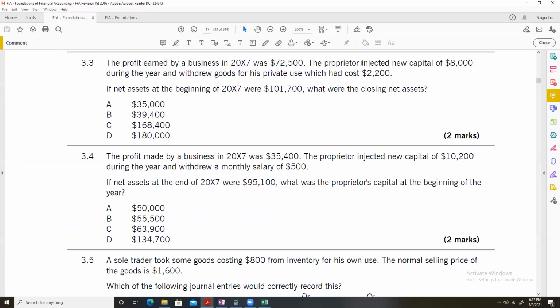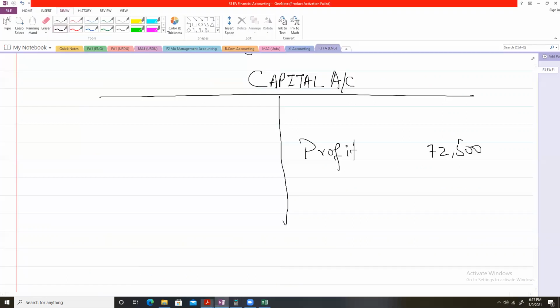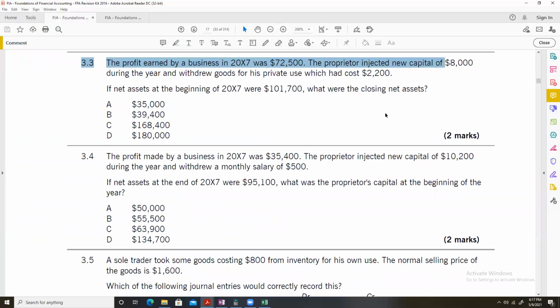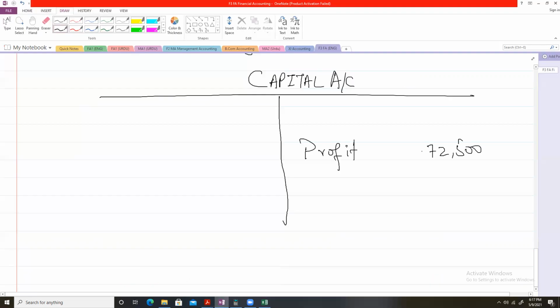The proprietor injected new capital. The proprietor injected new capital means the proprietor made an additional investment in the business of how much? Of $8,000. Now, this investment will also increase the capital account. So we will credit this investment.